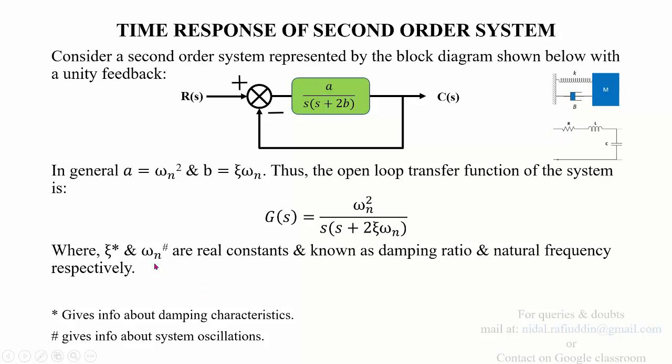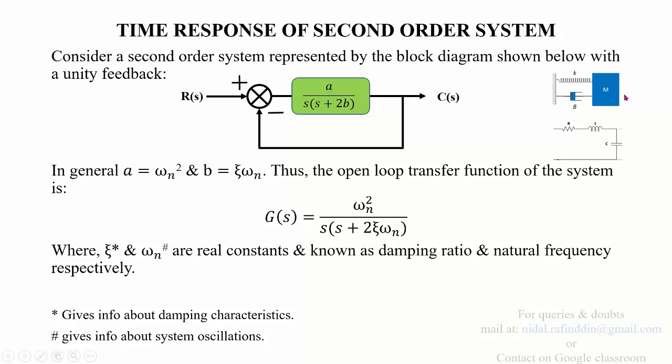In order to understand what omega n and zeta are, suppose we talk about this mass spring damper system and you provide a small amount of energy to it, let's say you exert a force on this mass. Forget about the dashpot for the time being.